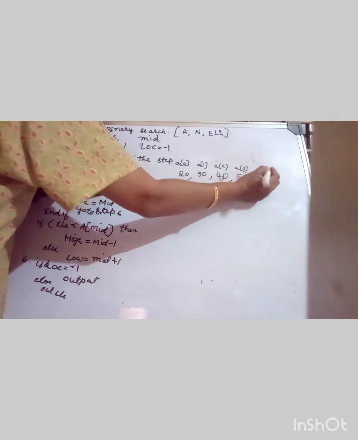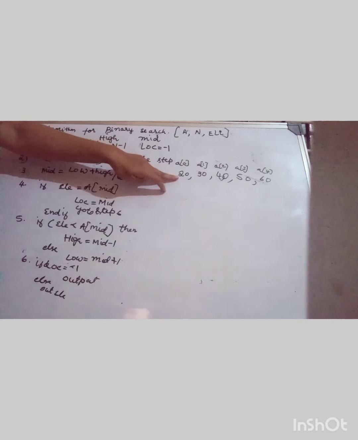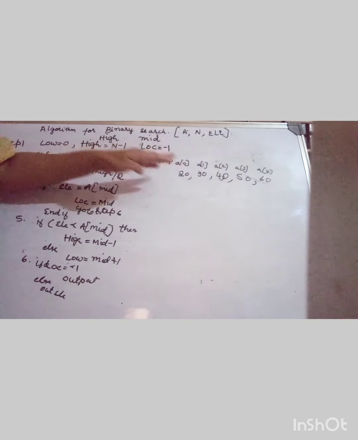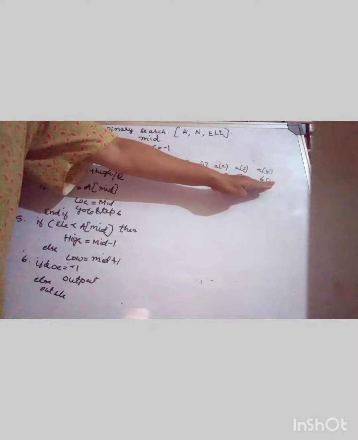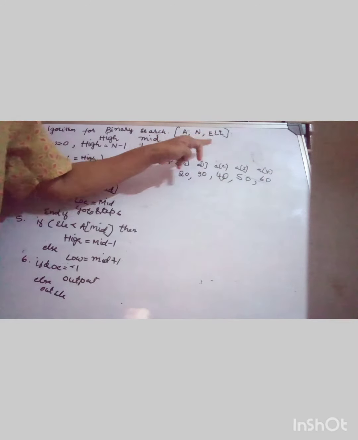These are the elements we are having. That's why we say low is equal to 0, the position of the first element, and the last position is n-1. If I have 5 elements, n-1 is 4. 0 plus 4 by 2 will be my mid.